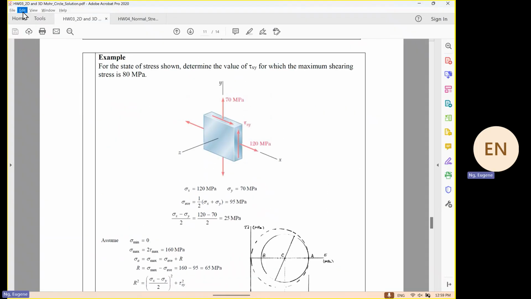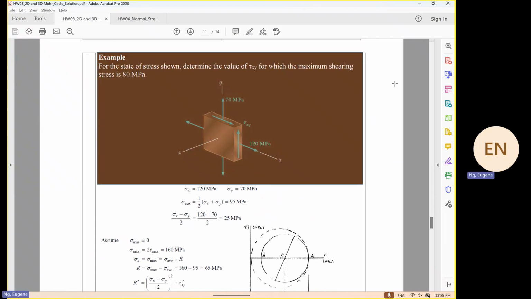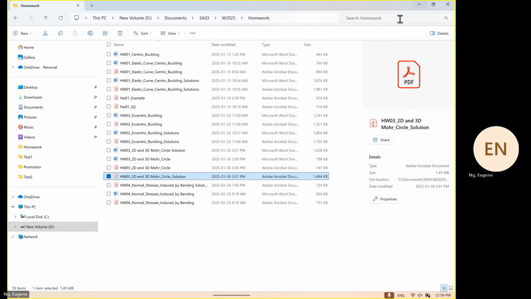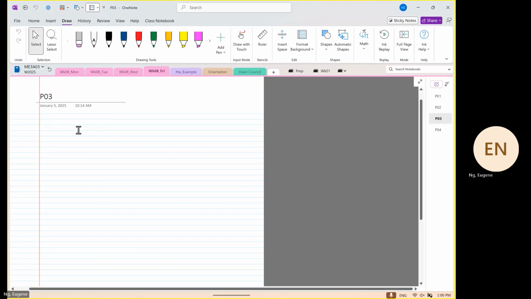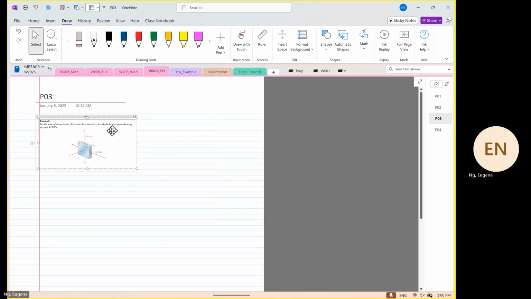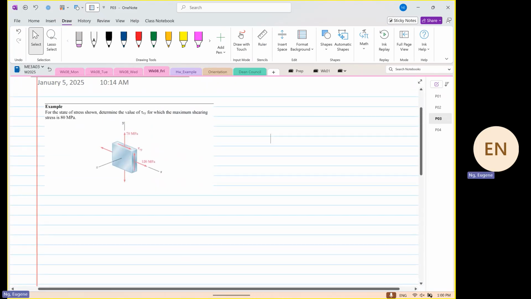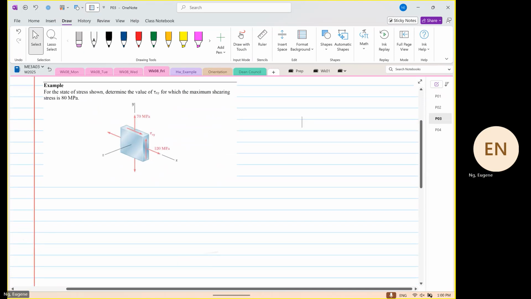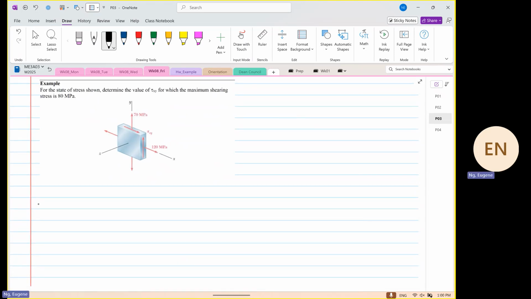So this question over here, it's an example question. So what do we know? Over here, we know that stress X is equal to 120 megapascal.